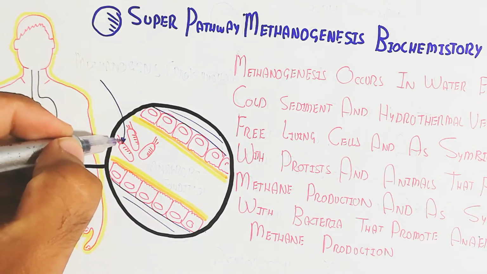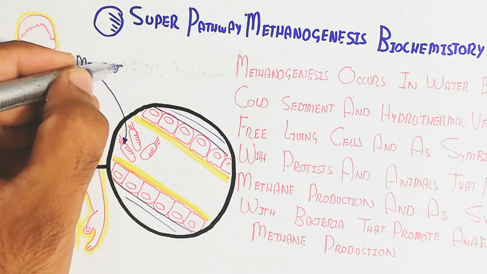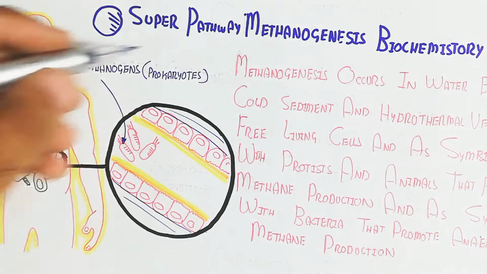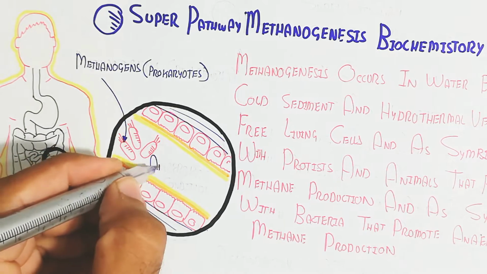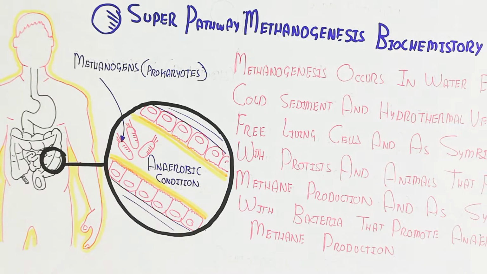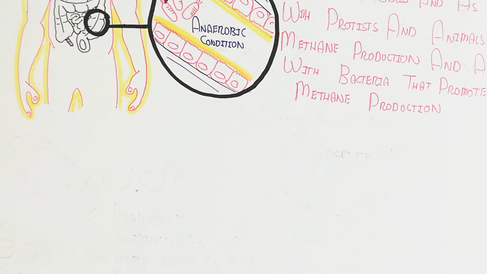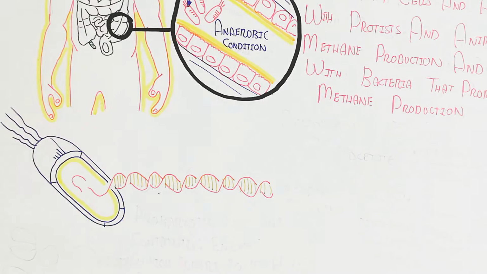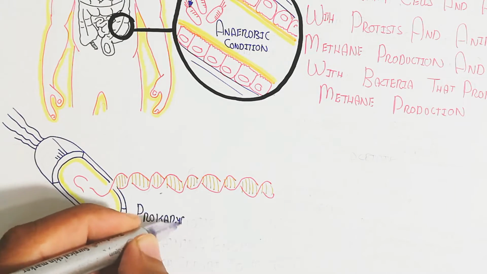They are prokaryotes, and there are a lot of species. They require anaerobic conditions, and in this way the starch as well as other products will be converted into methane gas.